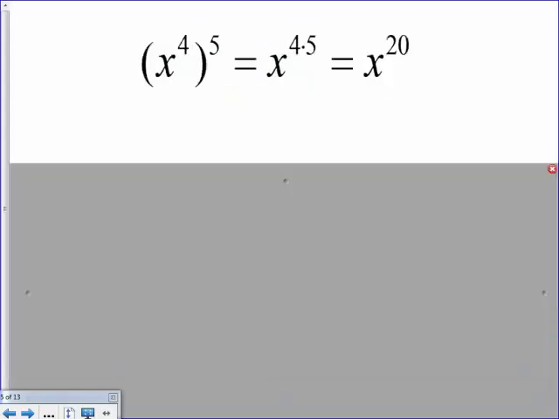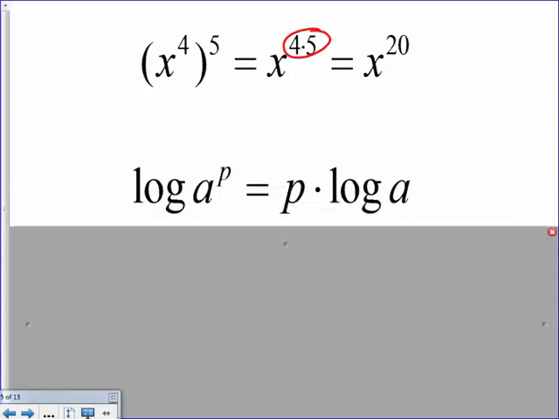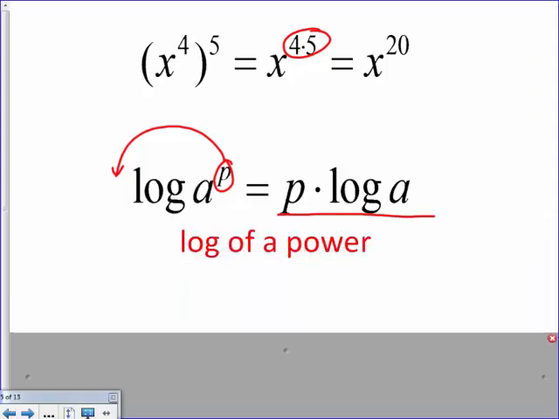And this one's kind of new. It's a little bit different, kind of tricky. If I have a power to a power, we multiply them, correct? Well, if I have a log of a power, I can move that power to the front and multiply, just like this. We call that a log of a power, and that's what we use to solve equations.